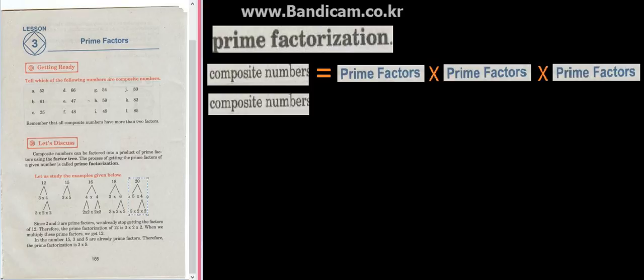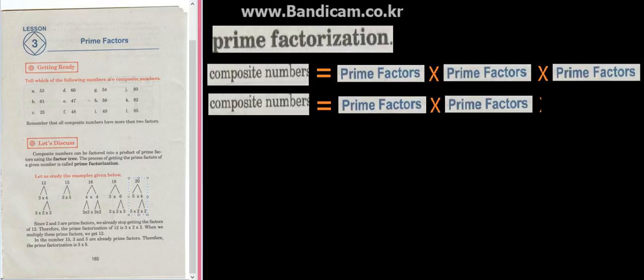If the composite number is made by a prime factor multiplied by a prime factor multiplied by a composite number, then the prime factorization is not completed, but it is going on. This process is called prime factorization: making a composite number consist only of multiplications of prime factors.